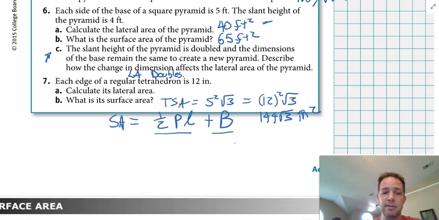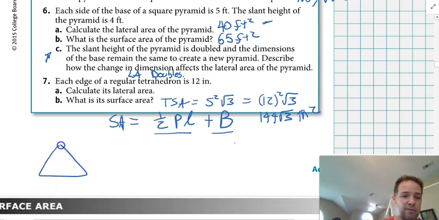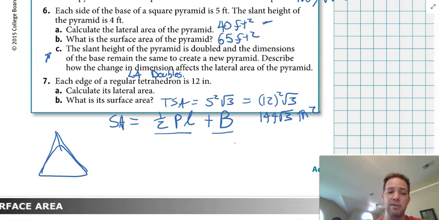So that is 4 total faces on a regular tetrahedron. So if you have your base shape here and you have your 3 sides, each of those should be the exact same area, 4 total. So if you wanted to find the lateral area, you could just divide this by 4 and figure out how much one face was and subtract it from that. So if I do that, we get 36 is one.